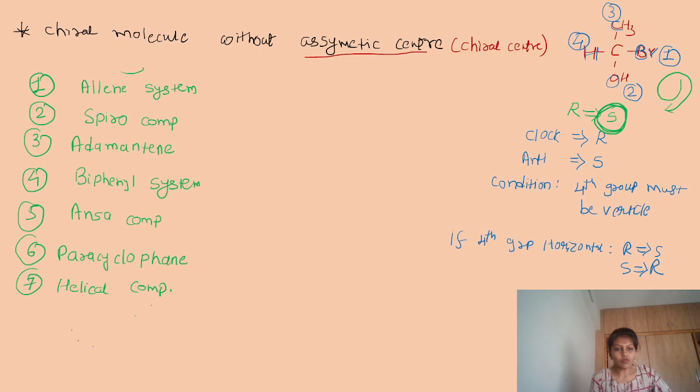Okay, so here there will be 4 types of chirality. First one is central chirality. Second one is axial chirality.